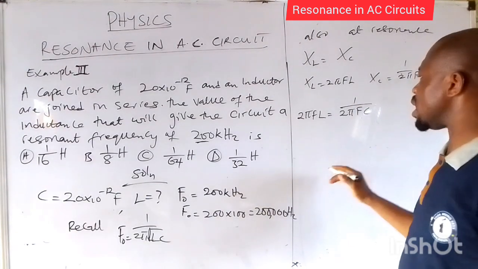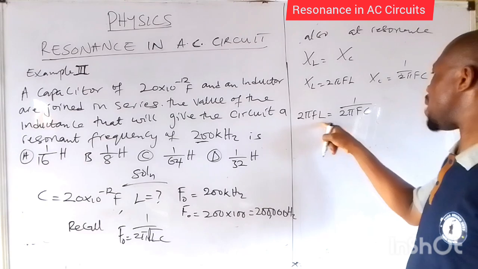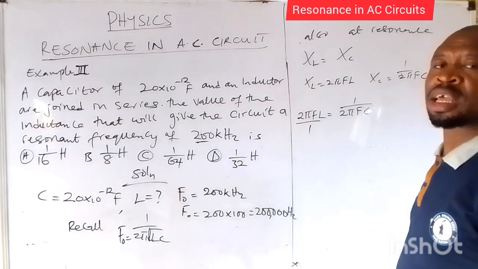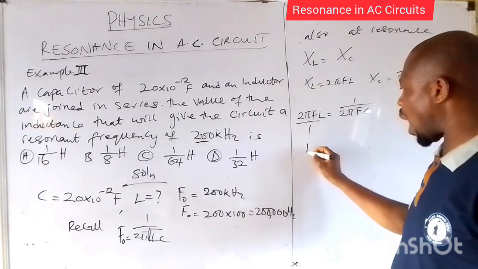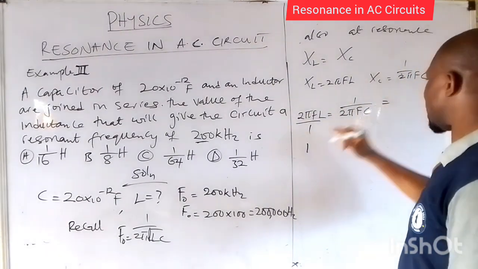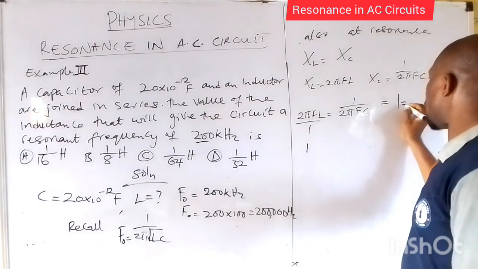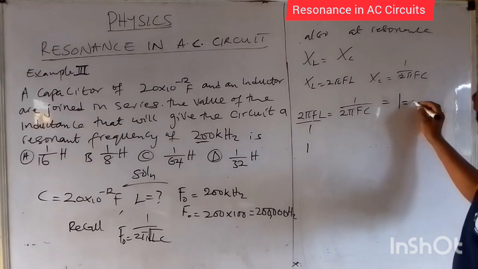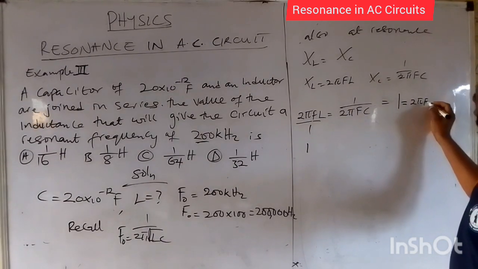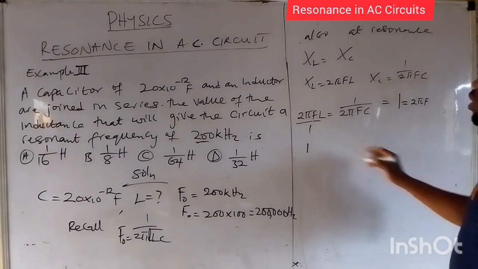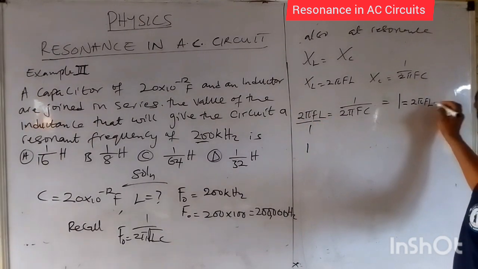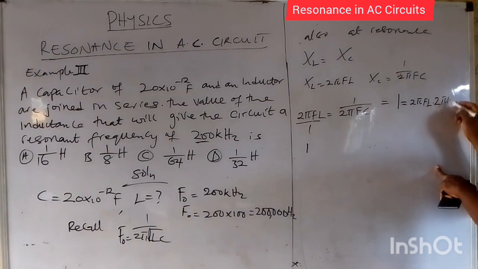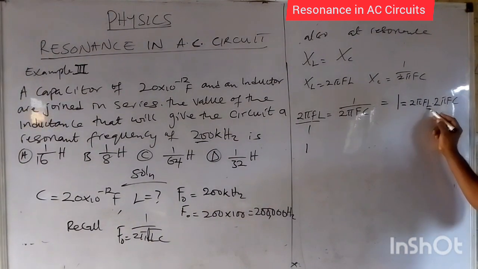Now, we can make L the subject from here. If we cross multiply, 1 times 1 is equal to 1, and 2 pi F times 2 pi FC gives us 2 pi F, the whole of this, L multiplied by 2 pi FC.